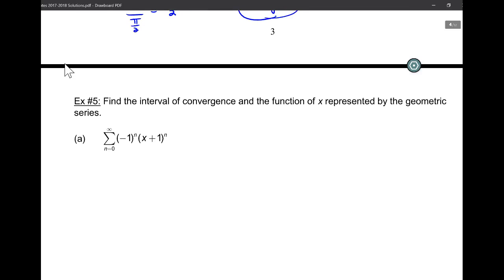We want to basically create a geometric series. Okay, so we want the series to be geometric and we want it to converge for r, the absolute value of r less than 1.